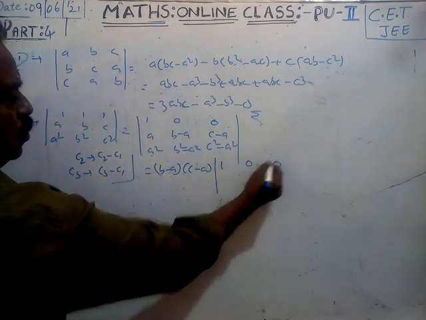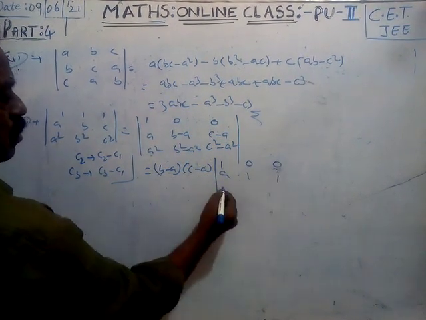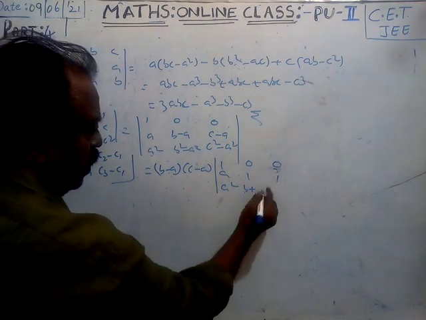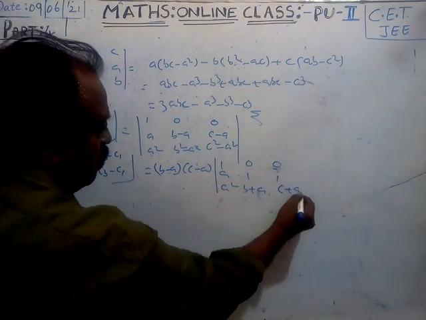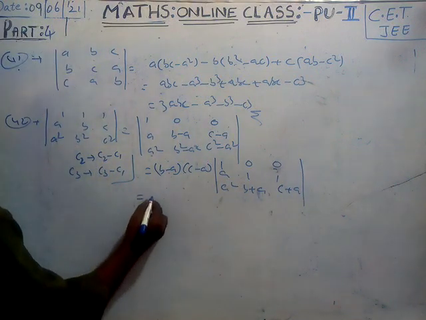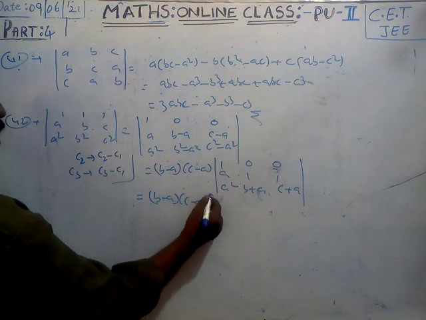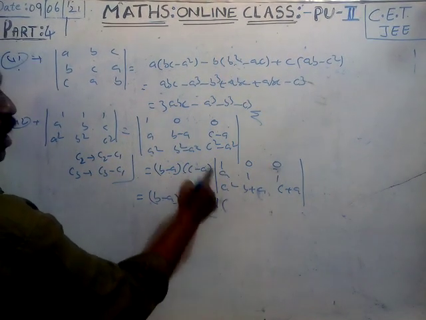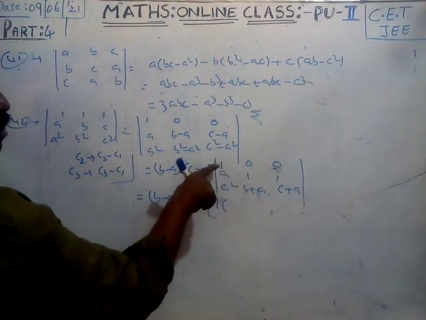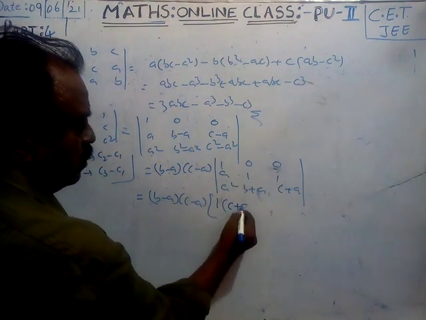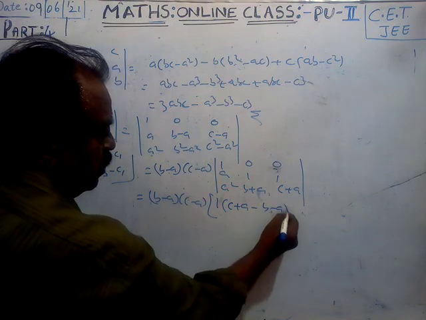So 1, 0, 0; 1, 1, 1; A square, B plus A, C plus A. So the expansion is (B minus A)(C minus A) times 1 of the determinant expansion of this column, that is, C plus A minus B minus A. Okay?